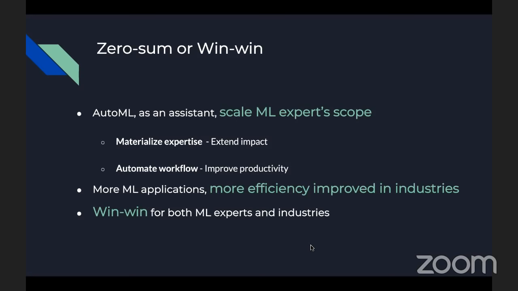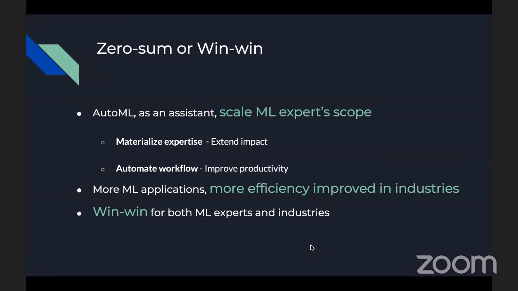By materializing the expertise of machine learning experts, we can extend the human's impact. And by automating the workflow, we can improve the productivity of the human. So in both ways, we actually make the cake bigger instead of playing a zero-sum game.